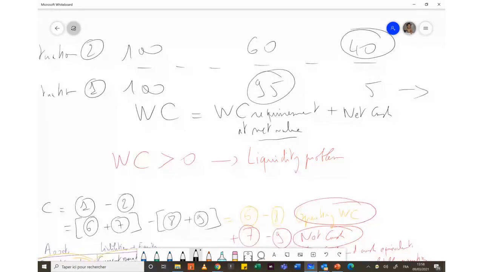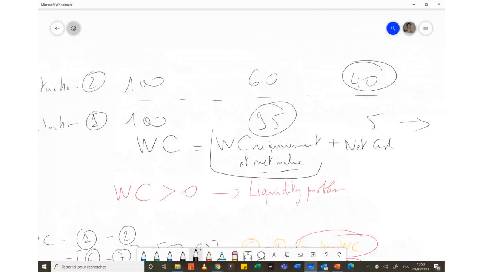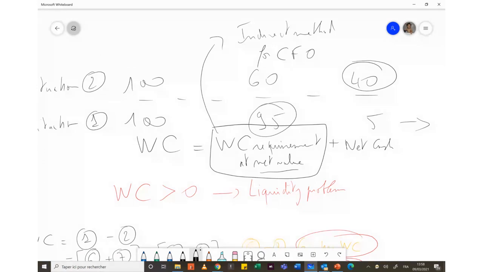And what we want in step 2 of the indirect method for the calculation of the cash flow from operating activities is only this part of the working capital. So sometimes I name it change in working capital from operations, or excluding financial assets, because we don't want this part in the calculation of the cash flow from operating activities.